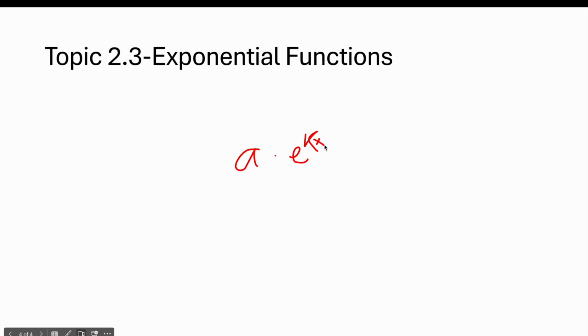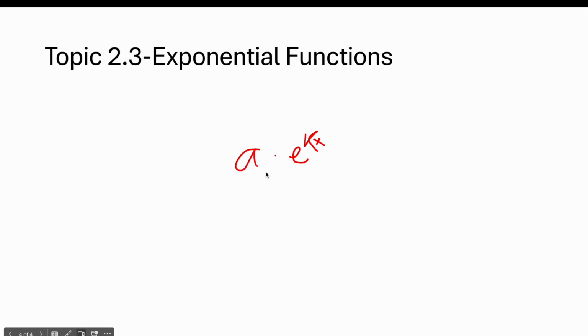In this, k is just a constant real number, so it can stay that way. It is fine to write it that way.